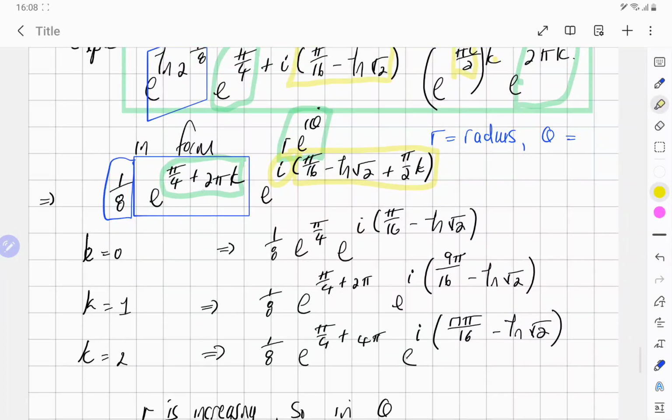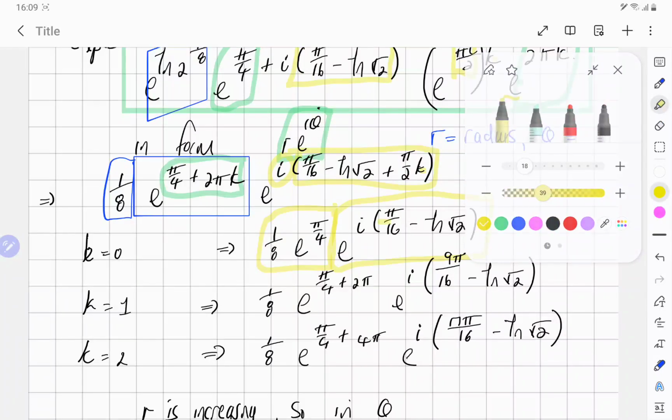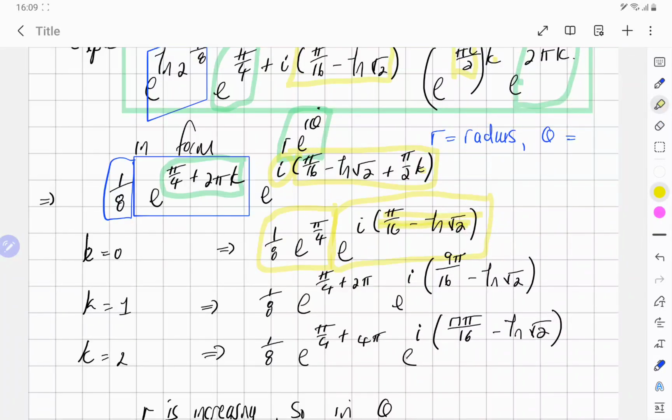Why? Because now I basically have my radius and I have my argument. So if I let k equal 0, I will just get this as my R. Here if I make k equal 0, I'll get that. So my argument will be this part. Then we do k equals 1, k equals 2.